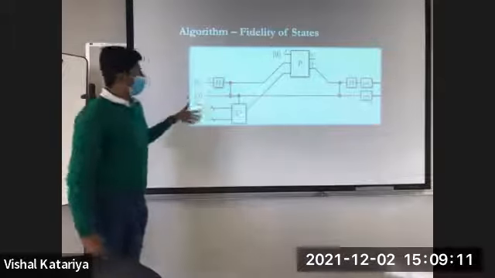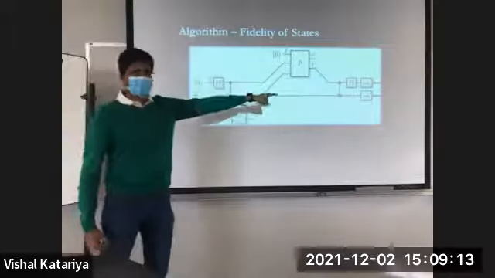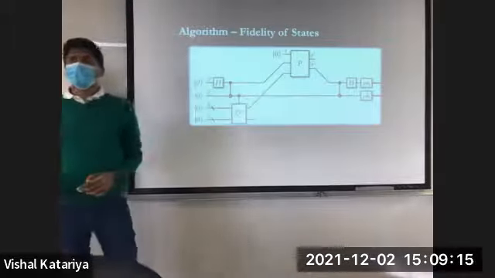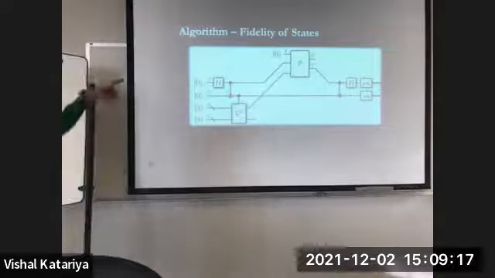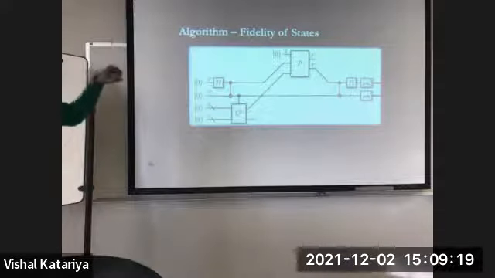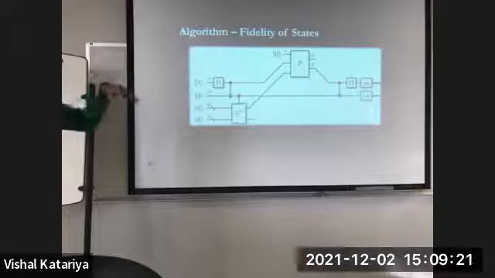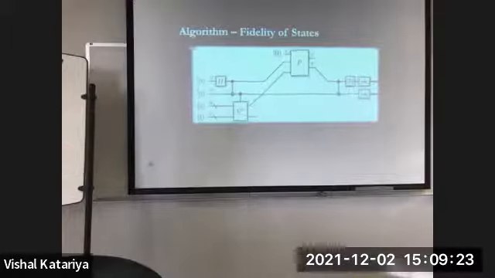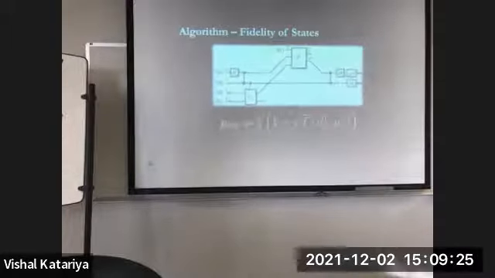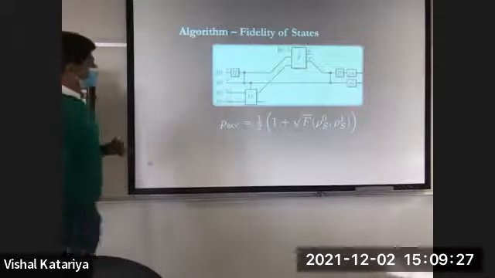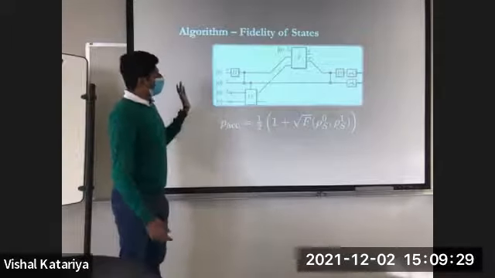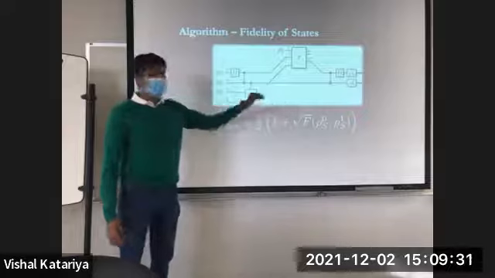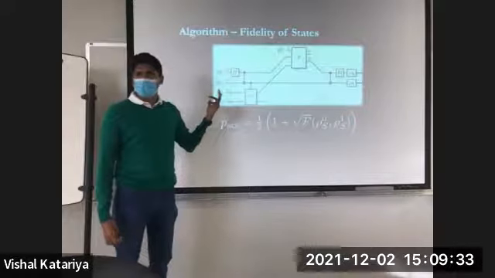So the verifier accepts if the verifier measures the state and gets a 0, 0. The probability of acceptance of this entire setup can be shown to be related to the fidelity of the states. So what we do in practice is run this whole thing on a computer and measure the probability of acceptance.